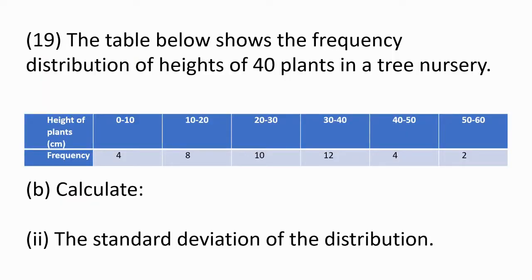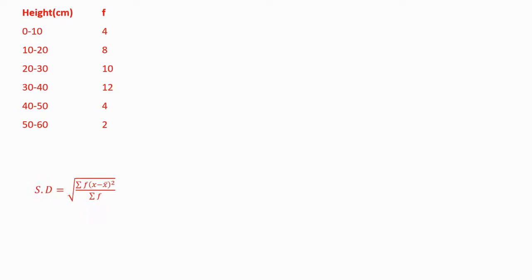Part B2, calculate the standard deviation of the distribution. So we are supposed to find the standard deviation. We have the data that we had been given, that is the different groups of height and their frequencies. And to find the standard deviation, it is equals to the square root of the summation of f into x minus the mean squared over the summation of f.